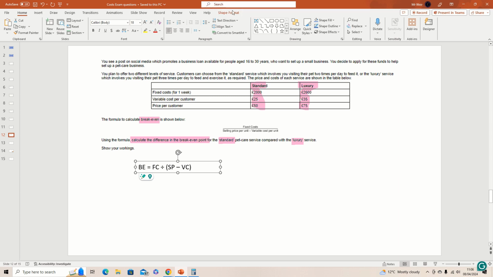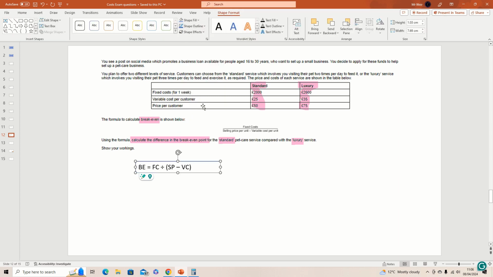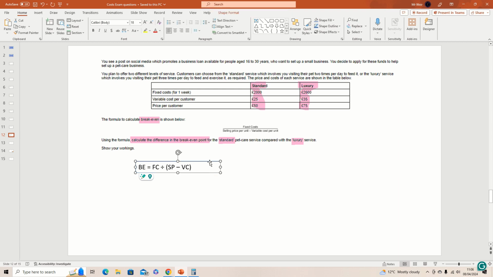So I'm going to have this text box, and we're going to duplicate it and put it on the other side as well, and we're going to work out both of them separately. So what we're going to do is start substituting the values in. So for the break-even point on the left, our fixed costs are 2,000.